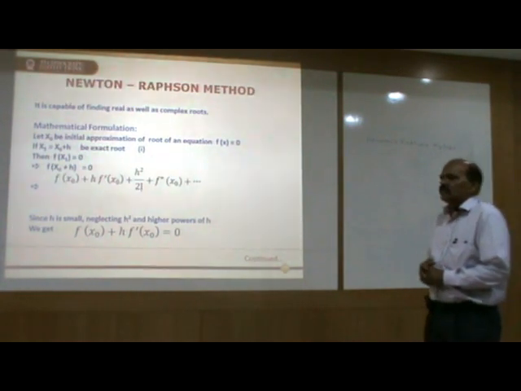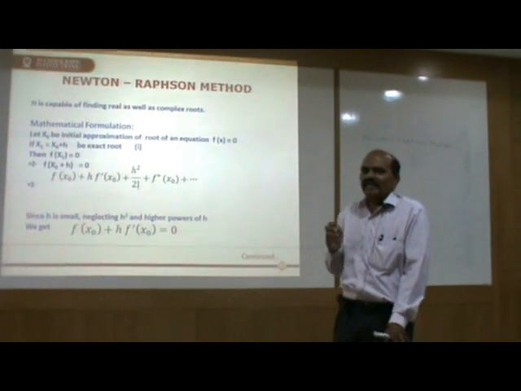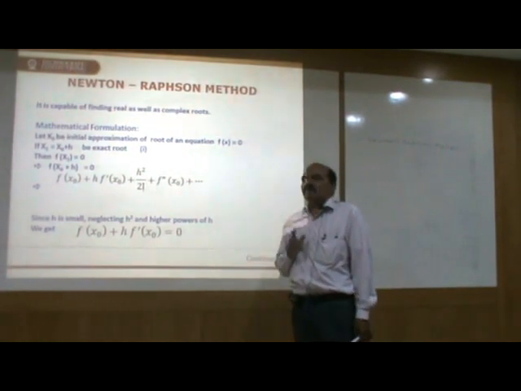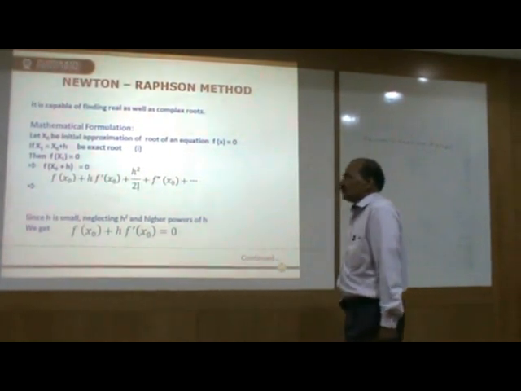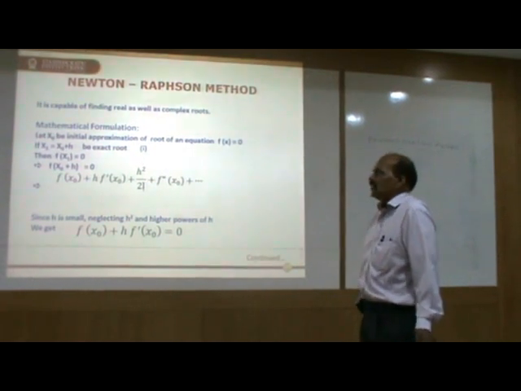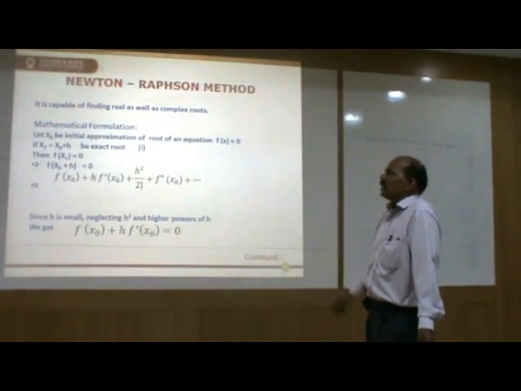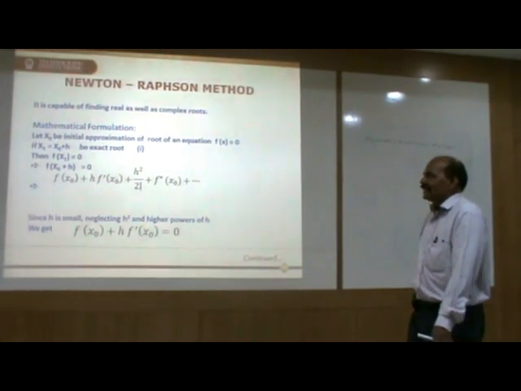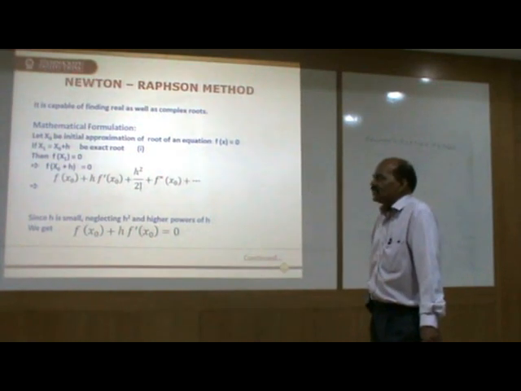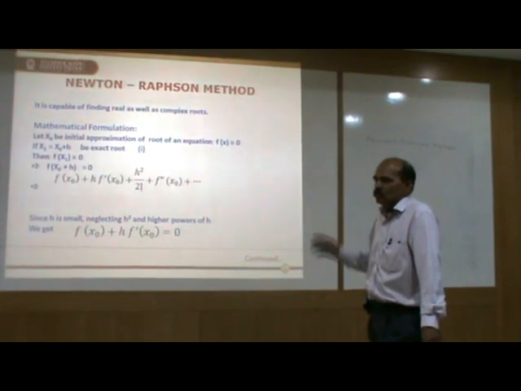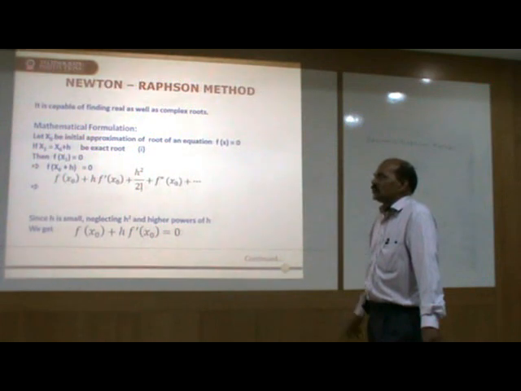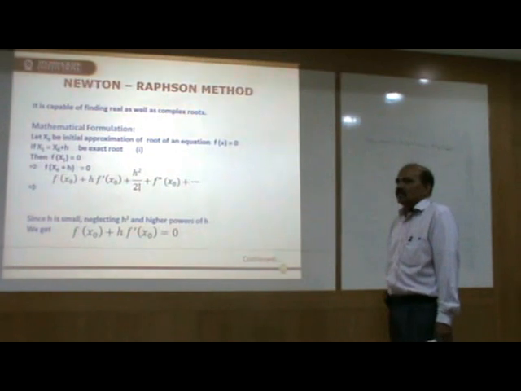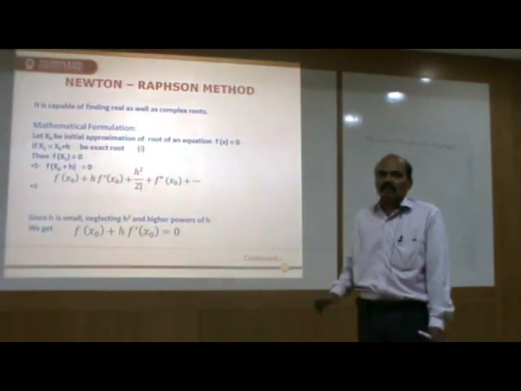In Newton's Raphson method, an initial approximation x0 is required. We shall determine this x0 by the intermediate value property. You can see in the PowerPoint presentation, if x0 is an initial approximation of the root of the equation f of x is equal to 0, then we can take x1 is equal to x0 plus h as an exact root. If this is an exact root, then f of x1 will be equal to 0, and with the help of Taylor series we can expand this in increasing powers of h.